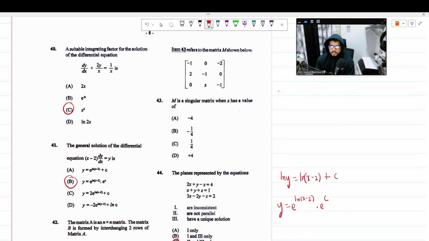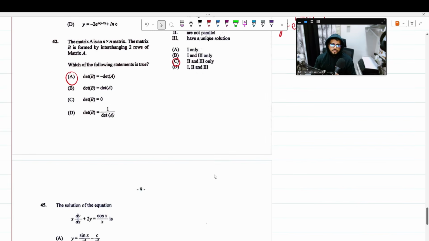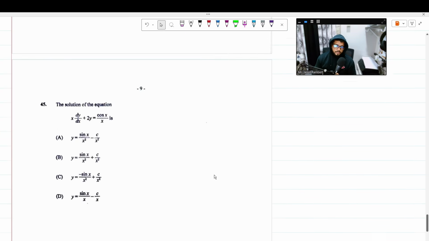We're going to get minus 1 multiplied by 1, take away 0 multiplied by whatever, take away 2 multiplied by 2x is equal to 0. Minus 1 minus 4x is equal to 0. Minus 1 is equal to 4x. And minus a quarter is equal to x. And that's it for number 45.